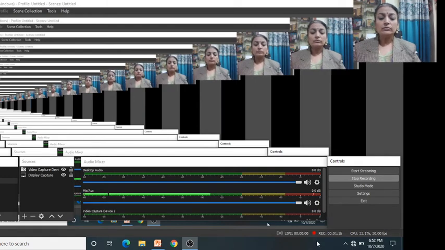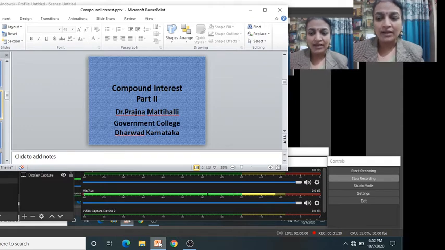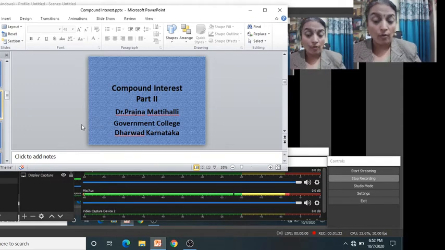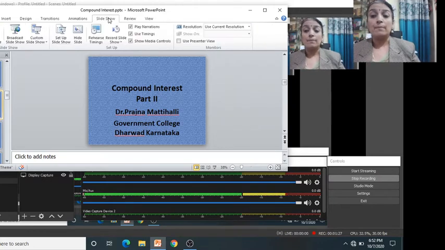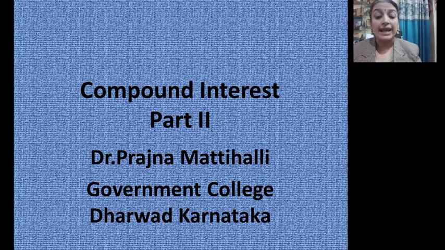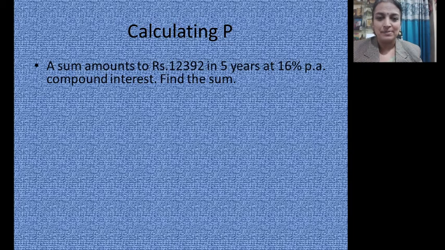Let us start with the help of problems so we can understand it. In the case of compound interest, the formulas differ. Today we are calculating P, that is principal, with the help of a formula. Also, we have to solve the problem now.